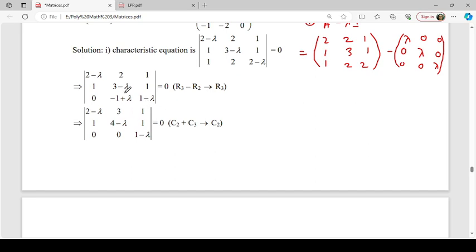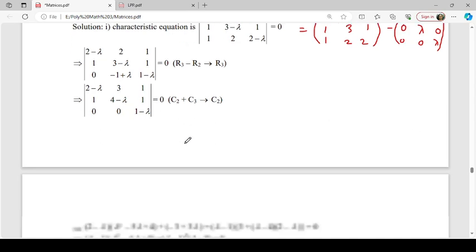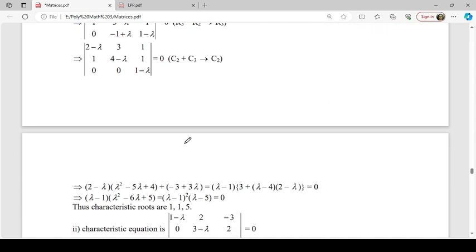Again we do C1, so C2 plus C3 we write as C2. So this becomes 0 now. Now we have 2 minus lambda into 4 minus lambda into 1 minus lambda.